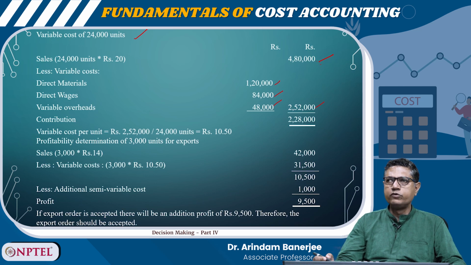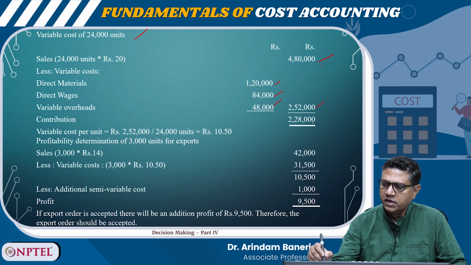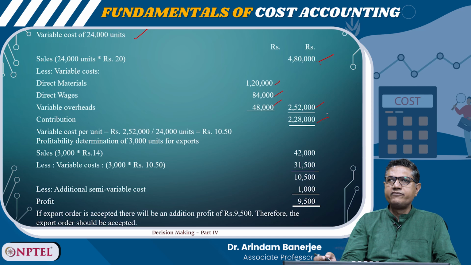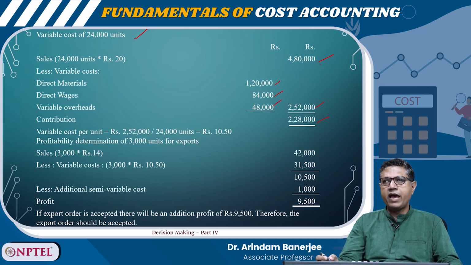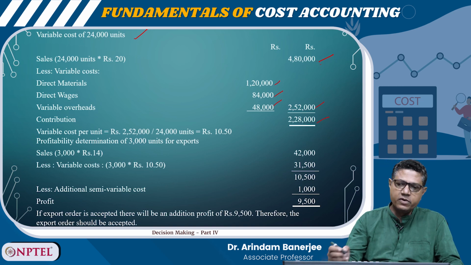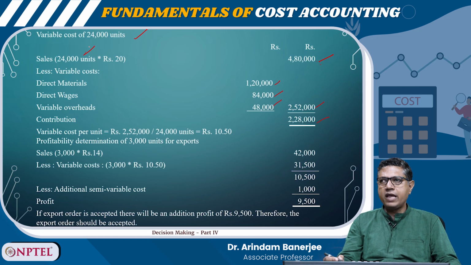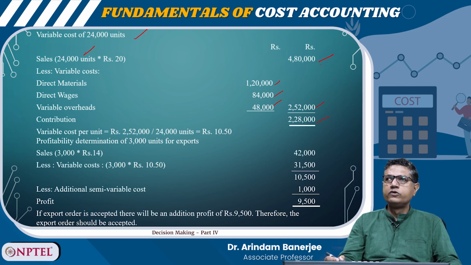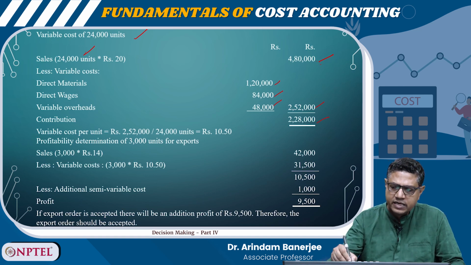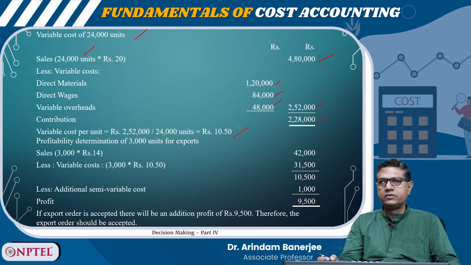The contribution is sales price minus variable cost, so it is 2,28,000. Now, variable cost per unit. The number of units given here is 24,000 units. So, the variable cost per unit will be 2,52,000 by 24,000, that is rupees 10.50.